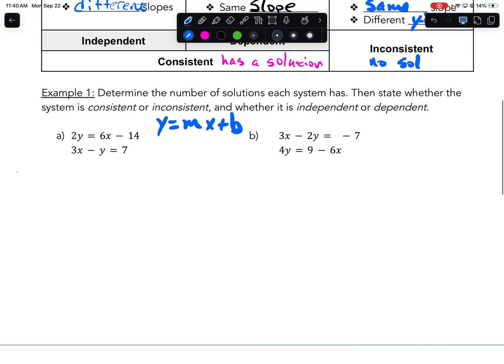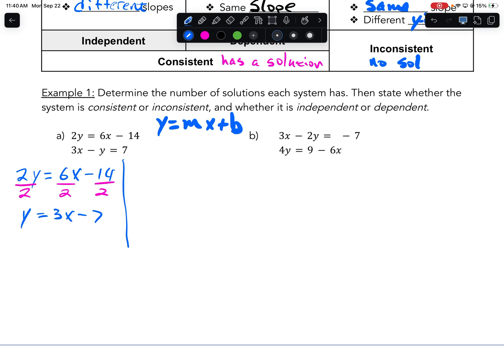So if I rewrite this first equation, what should I do, Satya, to get the y by itself? Divide each and every part by 2. Excellent. When I do that, I'm going to get y equals 3x minus 7.